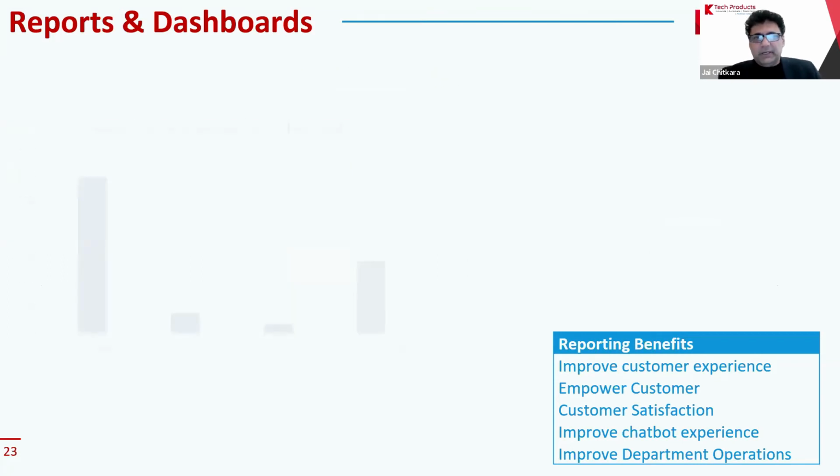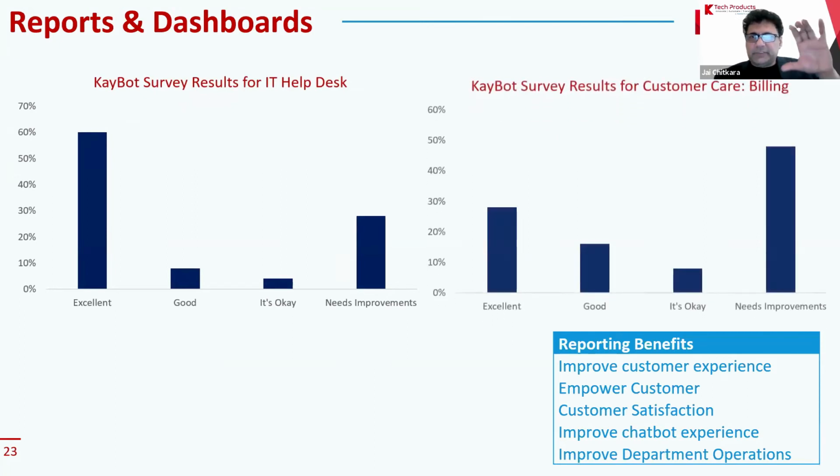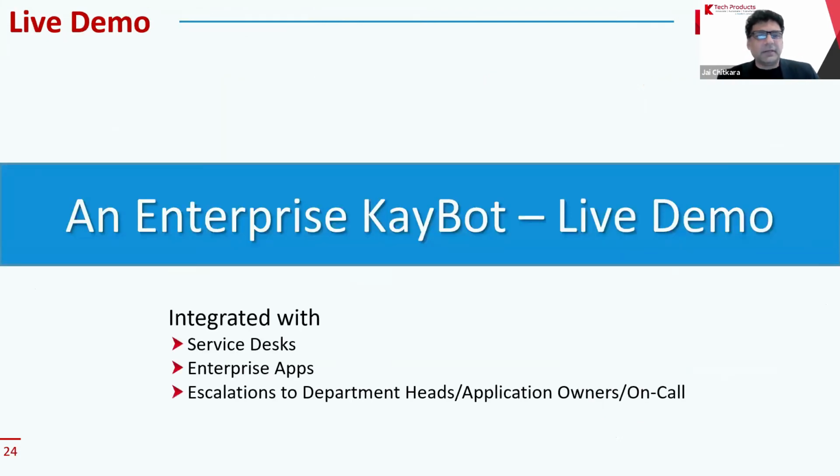Okay. Another way of reporting and dashboard, if I'm looking at certain department operations, is what type of surveys I got. So those results are there to improve. Okay. Any questions or anything before I jump into a live demo?